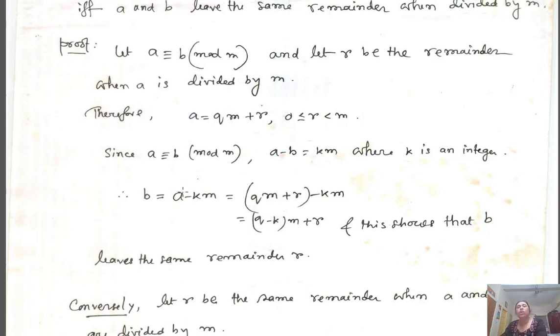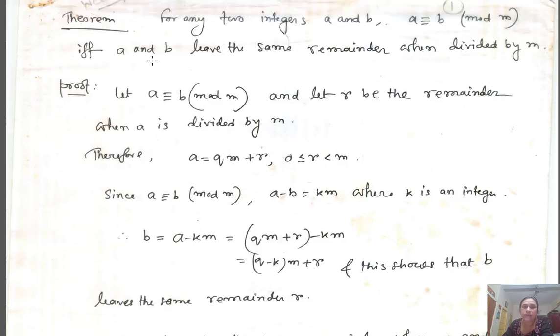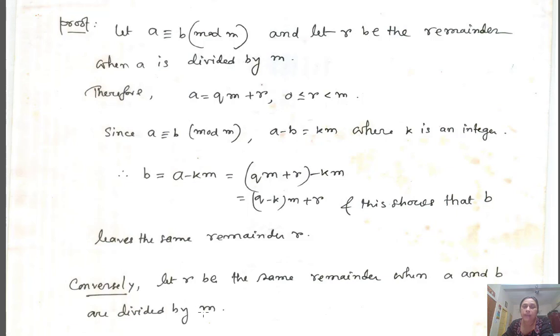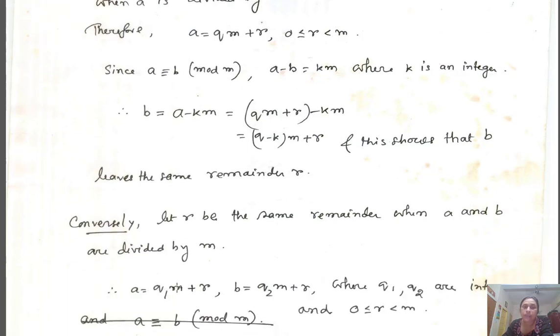The converse is also very trivial. Suppose r is the remainder when a and b are divided by m. Then a is q1 m plus r, and b is q2 m plus r, where q1 and q2 are integers and r is in this range.